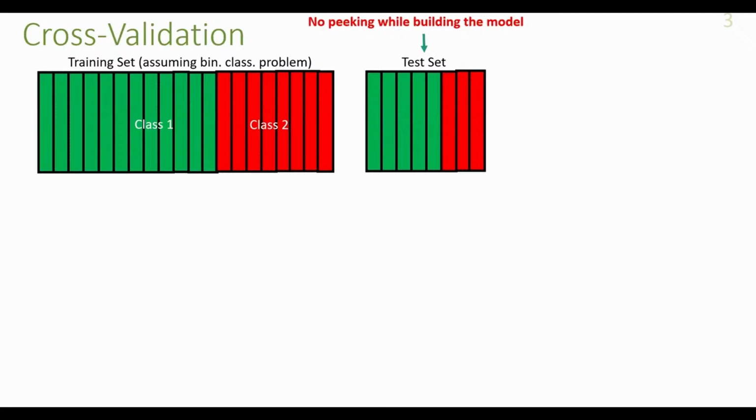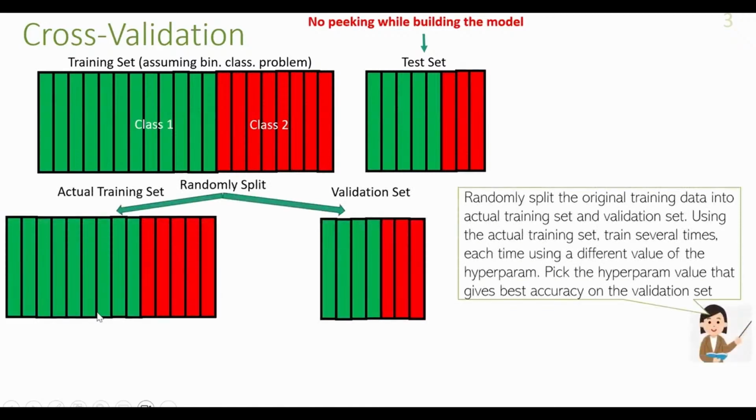So that's why here we are splitting it multiple times. But yes, you can also ensure that, let's say if you know a priori that 70% of the data is class 1 and 30% is class 2, then after splitting you can ensure that in the training data 70% belongs to class 1 and 30% belongs to class 2, right? You can do that.